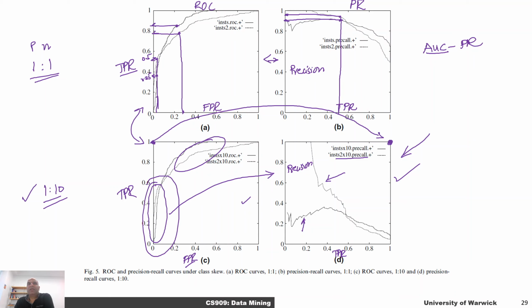And if you calculate the area under the precision recall curve for the two classifiers when we have no data imbalance, or the test examples are roughly balanced, you can calculate the areas under these two curves, and they are going to be pretty close to each other.